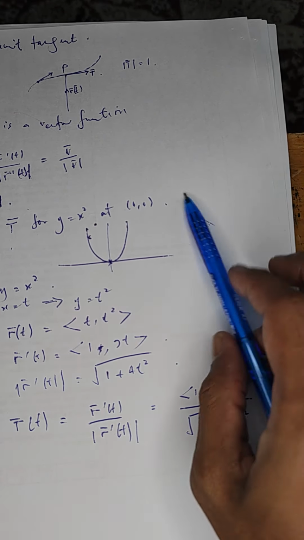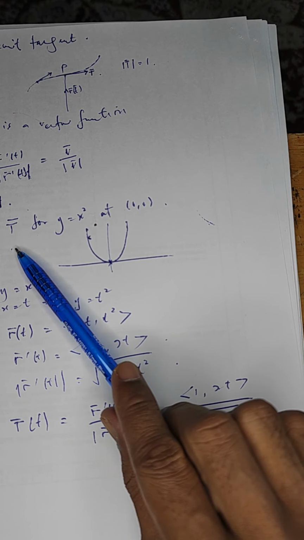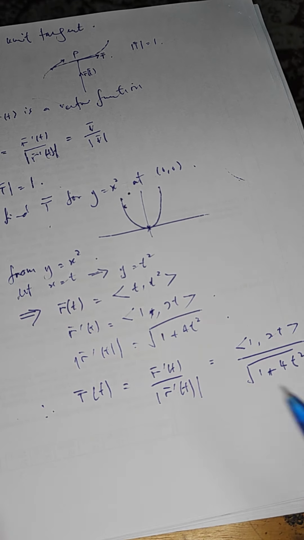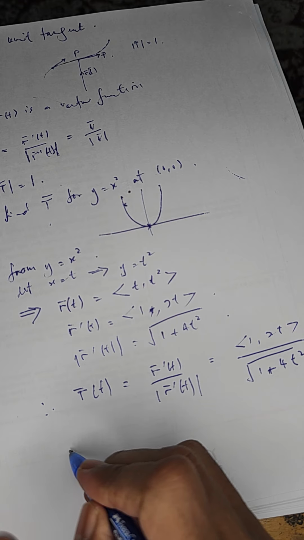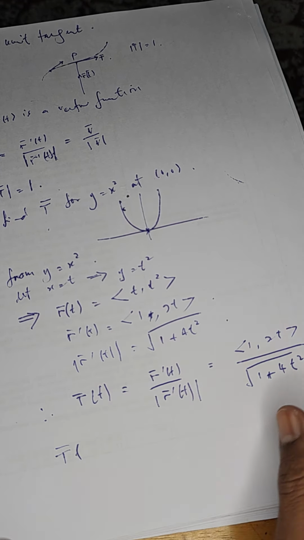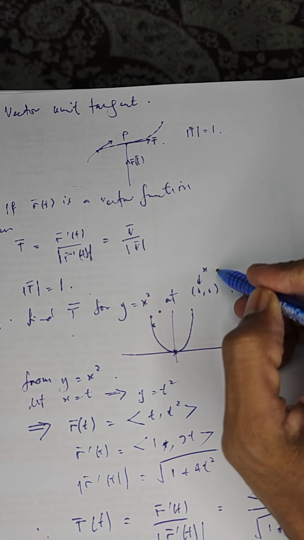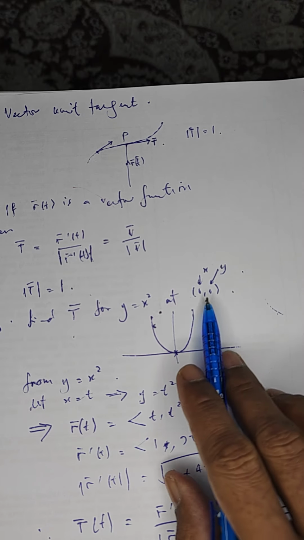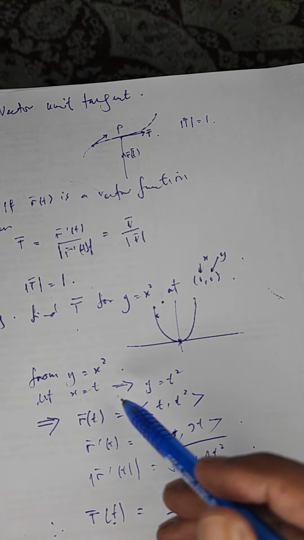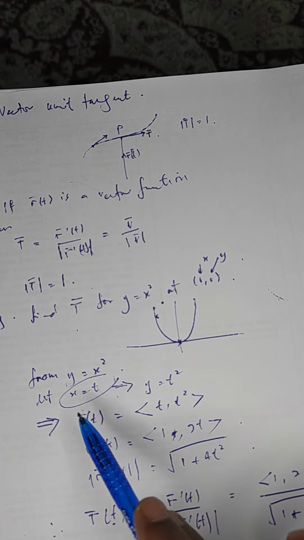Now, as required, we need to find the vector unit tangent at point 0, 0. So we just evaluate t there. This is the point x, y, so you need to have t. Since x equals t, when x is 0, t is 0.